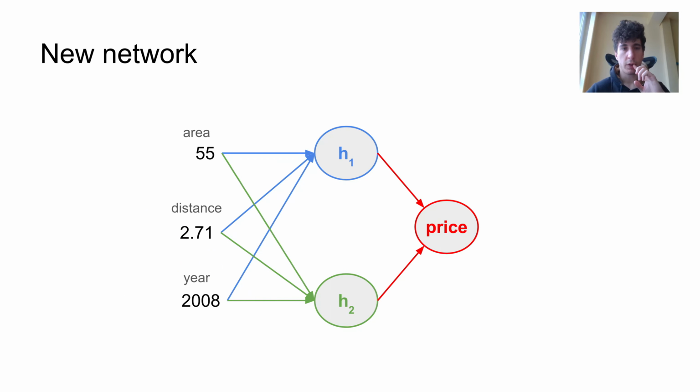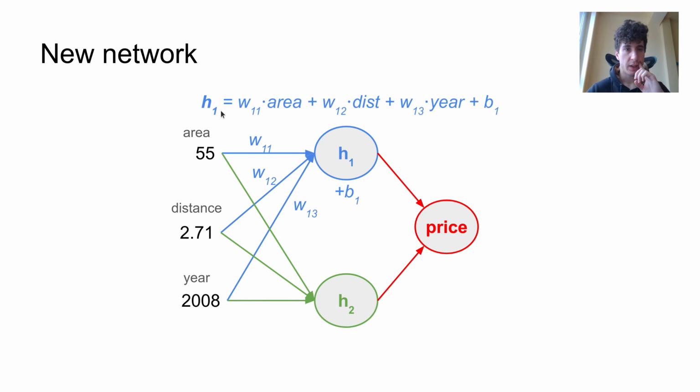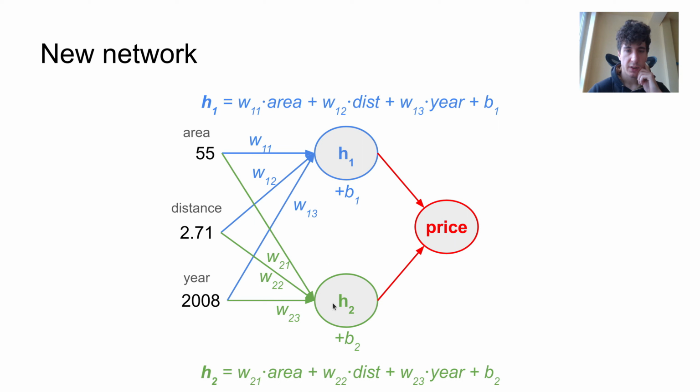So in our new model, we will take one weight times the area, one weight times the distance, one weight times the year plus B1 for the first neuron, the same for the second neuron, and the same for the final price. This one has only 2 weights because it only has 2 inputs.